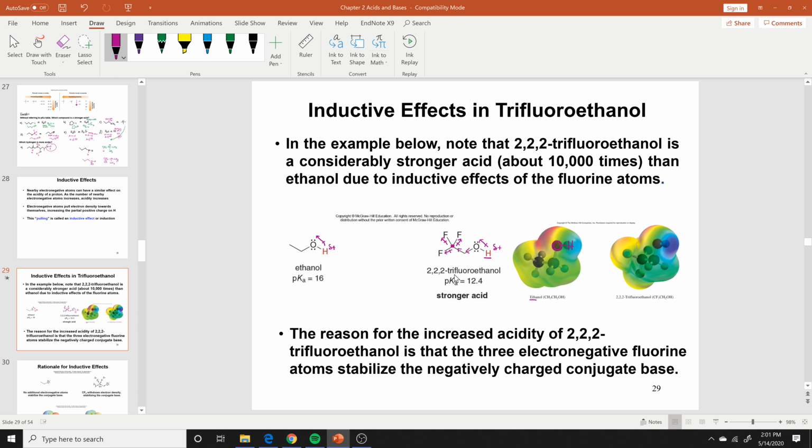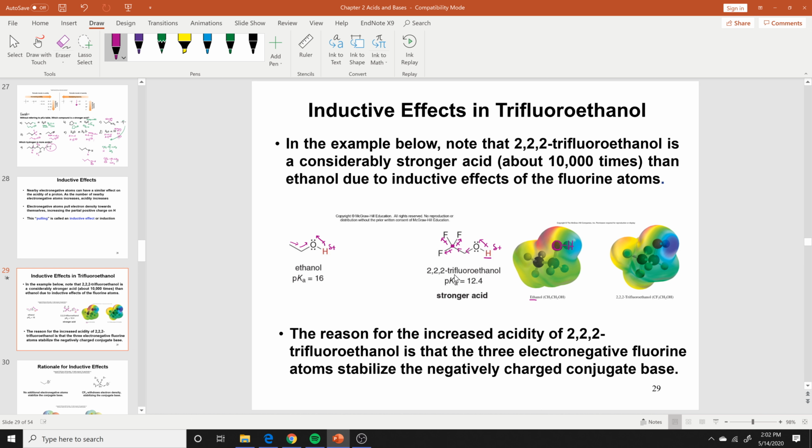The red region is on the oxygen, telling me that this is my electronegative element. The electronegative element is stealing electrons from the carbons and the hydrogens, and now my electrons reside in one place on the oxygen. While here, the electrons are distributed. See, the red region is throughout the whole structure. It's not confined in one region.